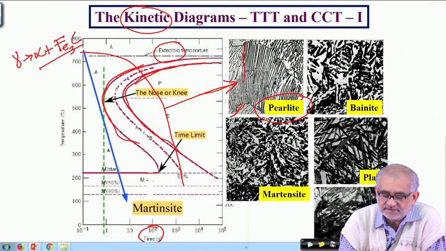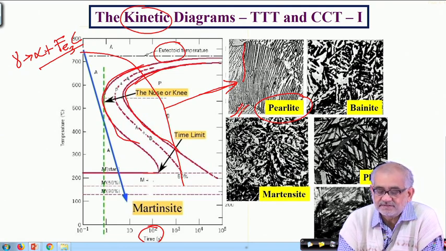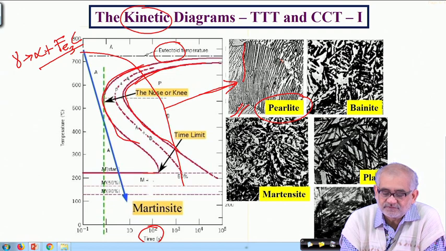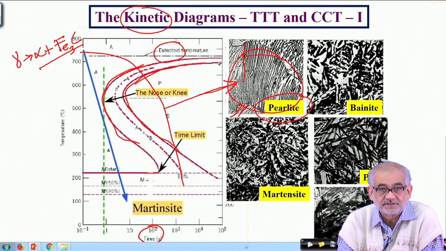So we have cementite and cementite, and in between the bright regions are ferrite. This lamellar alternated structure gives us one set of properties which is a very nice combination of strength and ductility. And this is called pearlite because this morphology resembles mother of pearl.